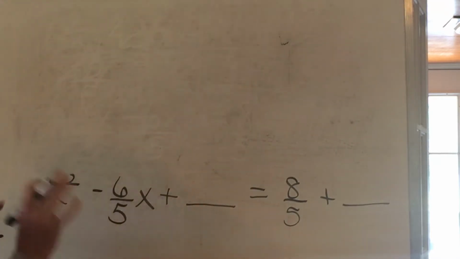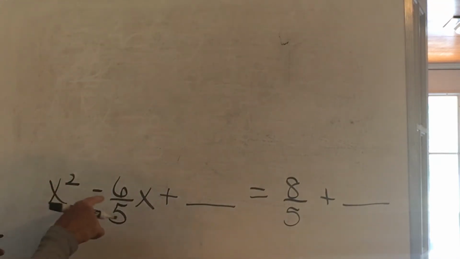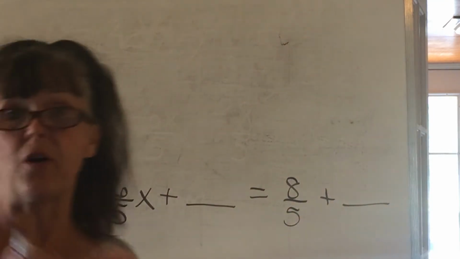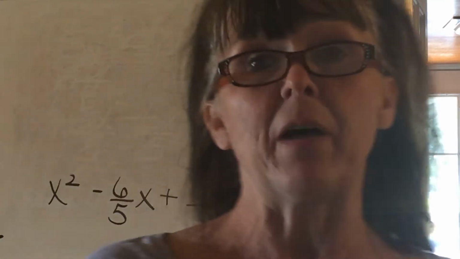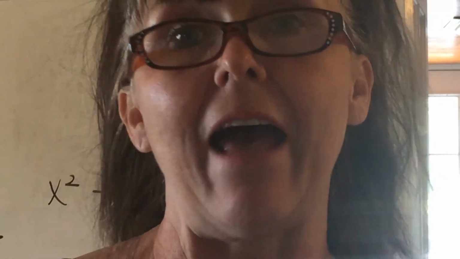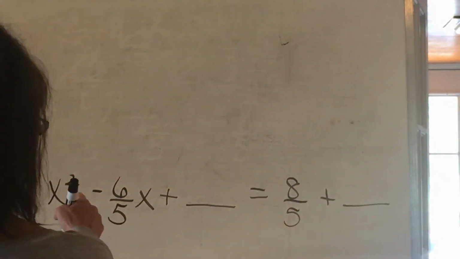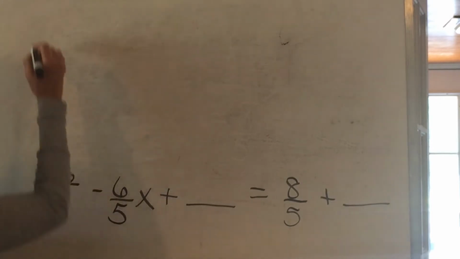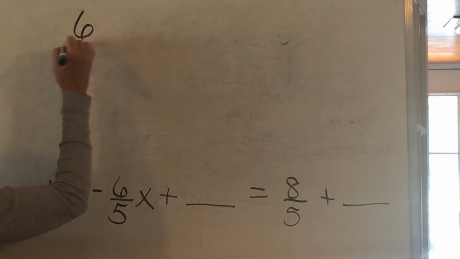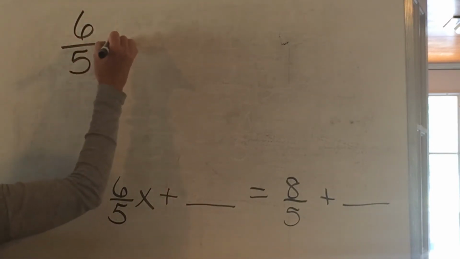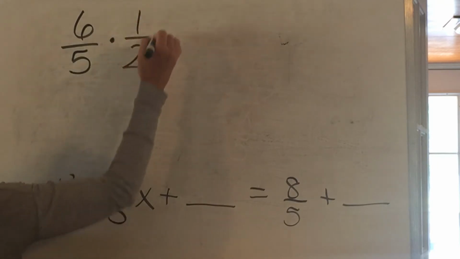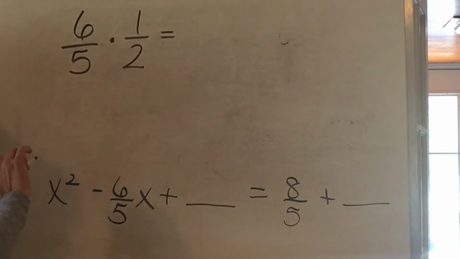Okay, here we go. I'm going to show that part. Well, I've got to take half of that fraction. So you can divide by 2 or you can multiply times 1/2. So I don't use the sign. I'm going to take my 6/5 and I'm going to multiply by 1/2. Well, how do you multiply fractions? Straight across.